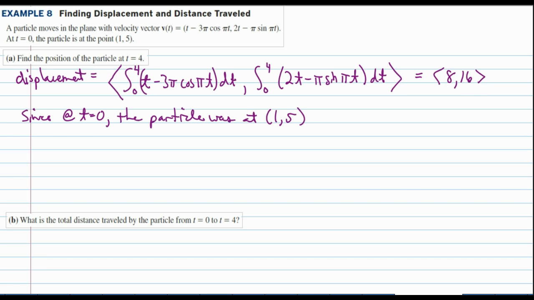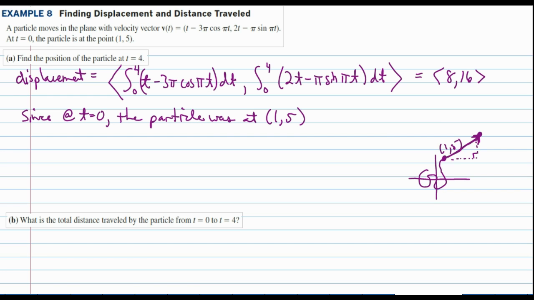Now, the point started at 1, 5. So let's say it followed this weird little path here, and there's 1, 5. All we want to know, we don't need to know anything between t equals 0 and t equals 4. We just want to know what happens to jump from t equals 0 to t equals 4 to get us to our new point.